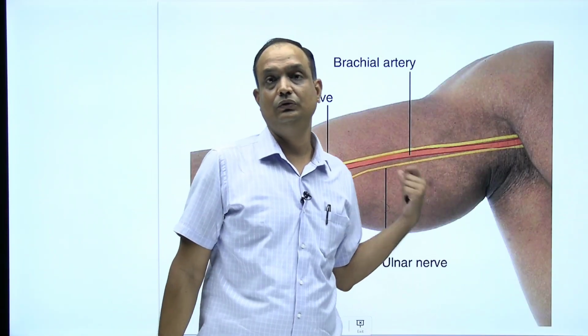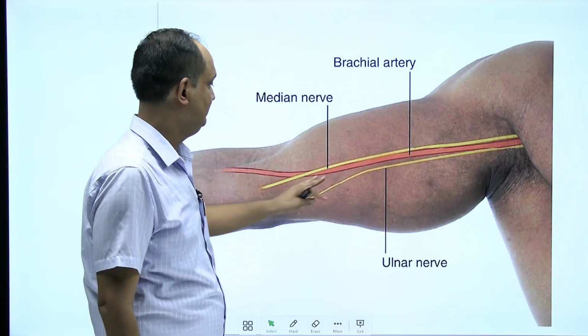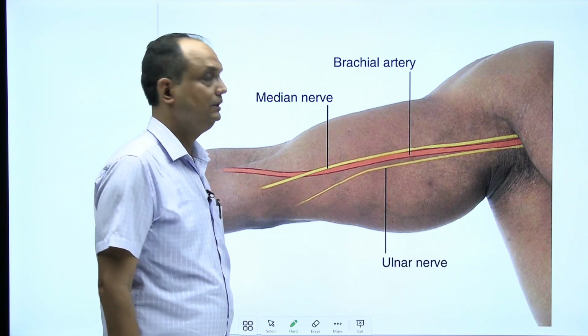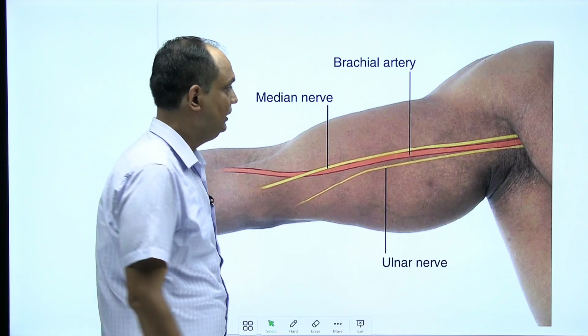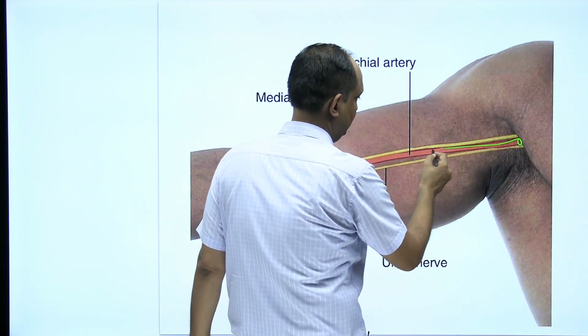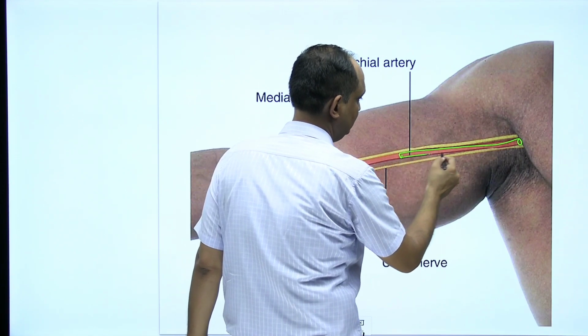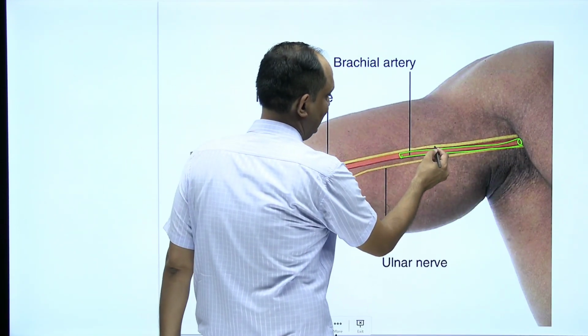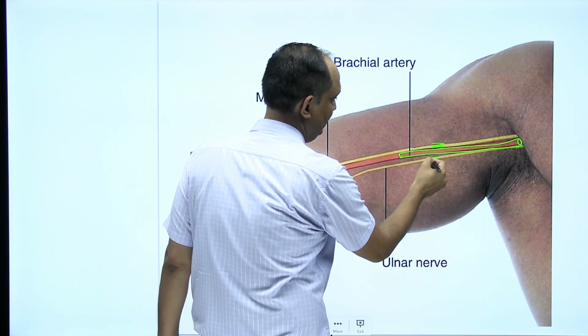Now, here also you can appreciate. Sometimes you have this image to identify or label the nerves. Here you can see that in this axilla, this is your artery. Now, what is the name of this artery? This is the axillary artery. Now, you can see one nerve is on the lateral side and one nerve is on the medial side.